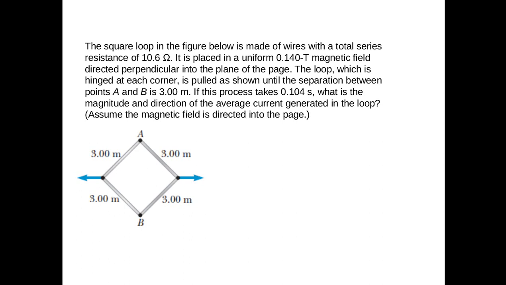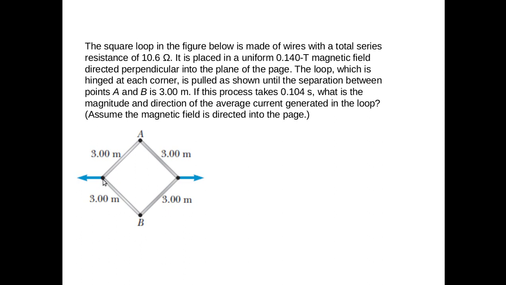Okay, so I've got one last problem, which I should have enough time to cover. So I'm going to give that a try. So I've got a square loop, and it's got a total resistance of 10.6 ohms. It's in a uniform 0.14 Tesla magnetic field, so B is not changing.